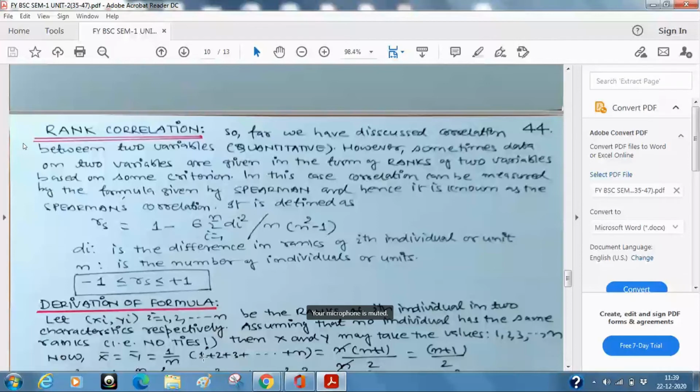Leave 1 upon n for a minute, okay? So this is just 1 plus 2 plus 3 plus, up to where will you go? Up to n. So this is the sum of the first n natural numbers. So that will be just n into n plus 1 by 2. You can see that here.